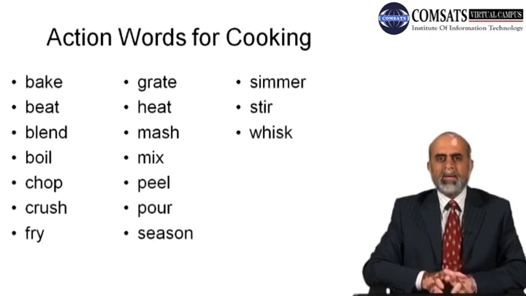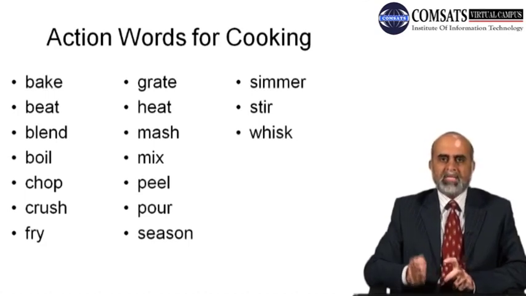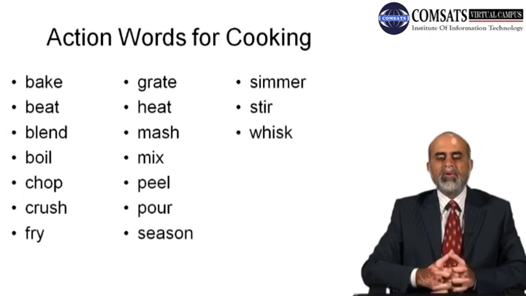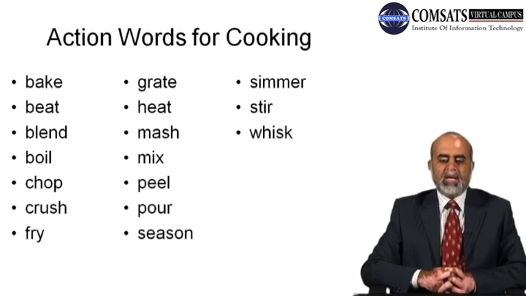Bake is when you cook something in an oven. Beat is like beat the eggs, for example. Blend, that is something that you do in a blender. Okay, boil, chop, crush, fry, grate, heat. If you don't know the meaning of any of these words, I'm not going to teach you these words. You can look them up in a dictionary.